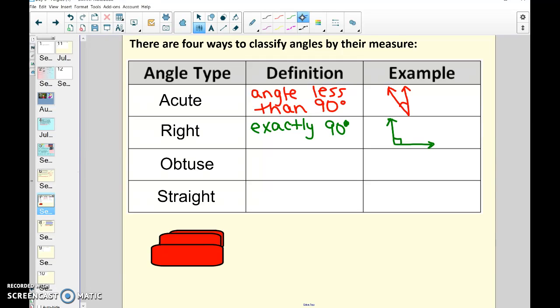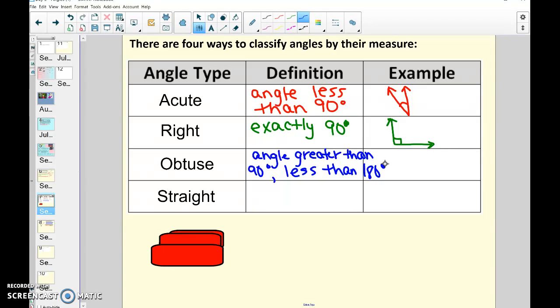Obtuse, I kind of think of like obese angle, obtuse angle, because it's an angle greater than 90 degrees, but less than 180. Hopefully you guys can fit that in your box a little bit better than I could.